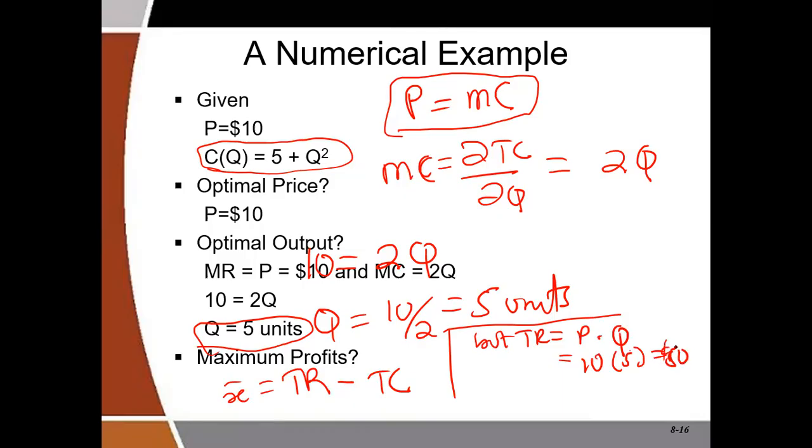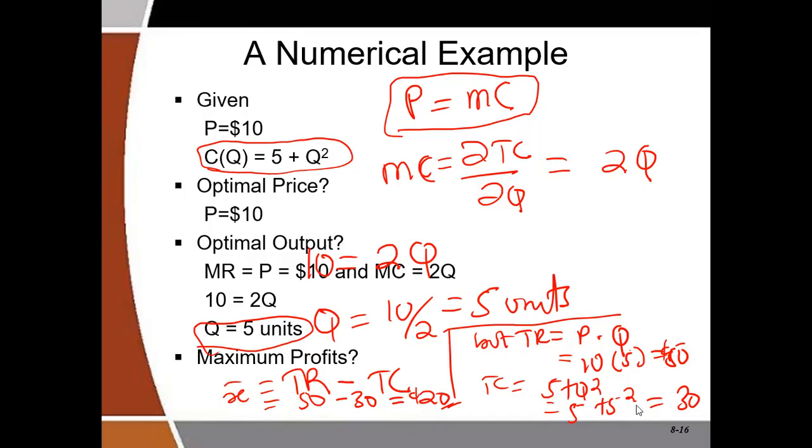Then the total cost function is 5 plus Q squared. That means we have 5 plus 5 squared, and that will be 25 plus 5, which is 30. That means that the profit will be 50 minus 30, which is equal to 20 cedis. So the profit is 20 cedis.